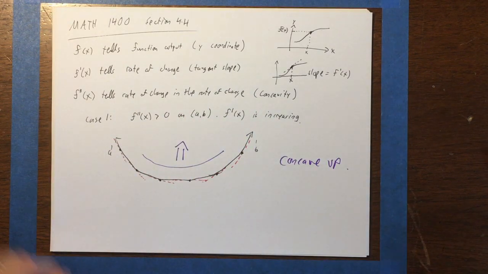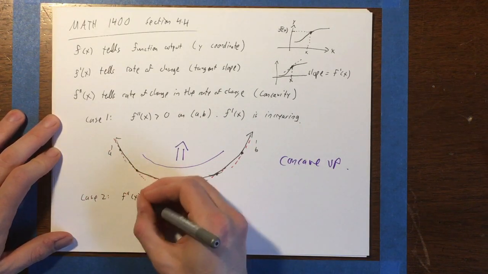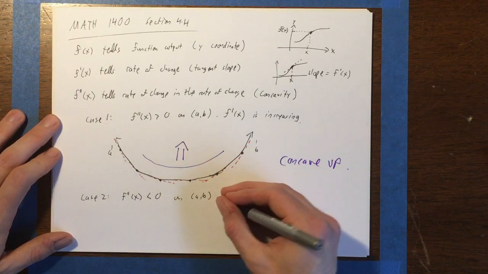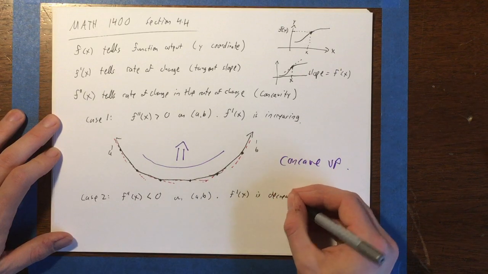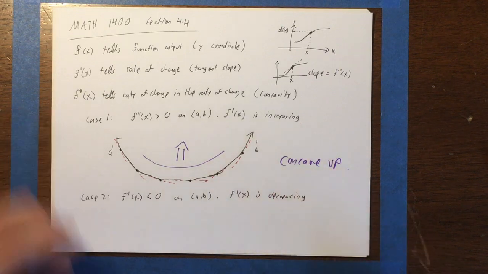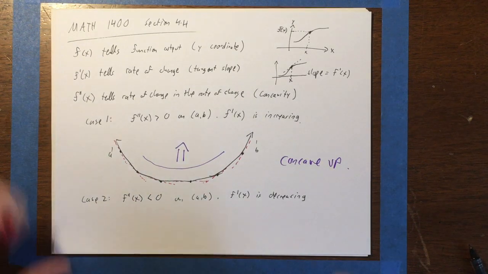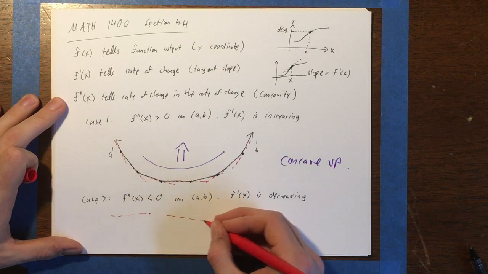Now, case 2 would be the opposite of this. If f double prime of x is less than 0 on the interval a to b, then that means f prime of x is decreasing. It's the rate of change in f prime. So now if it's negative, it's decreasing. And that means that whatever your tangent slopes start at, let's say they start at 0, then they're going to start decreasing.